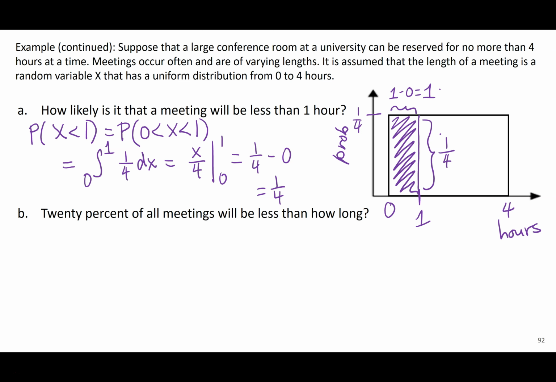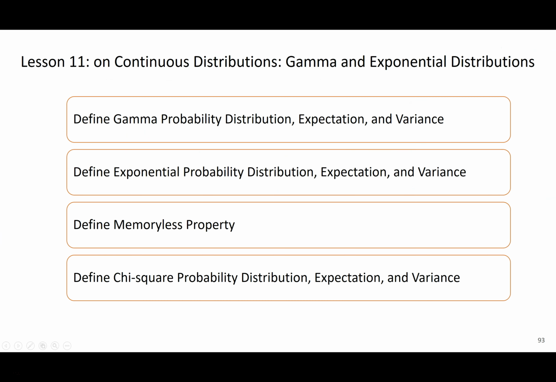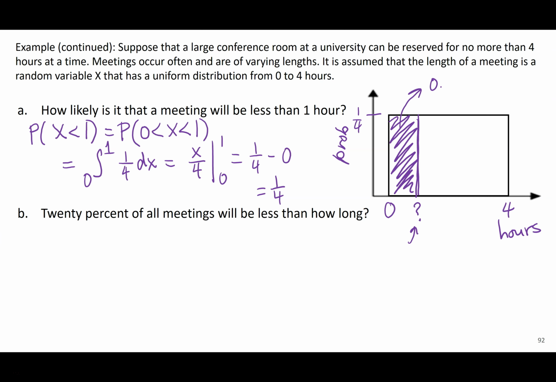So then we have a follow-up question. It looks like it's more of a percentile question. So 20% of meetings will be less than how long? So I'm going to go ahead and use this. Obviously not to scale, but if I have this area, I want to know what this value is if the shaded part is 20%.